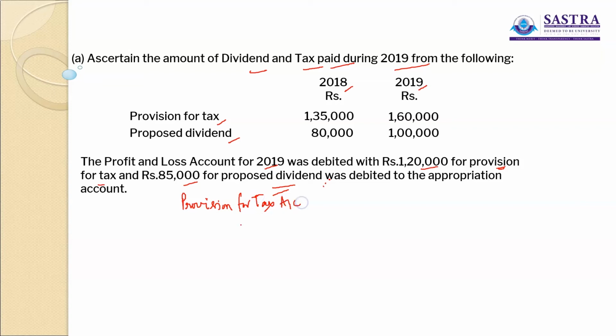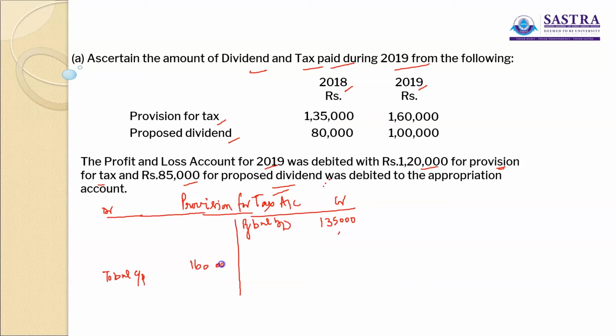Provision for tax account. All provisions are normally liability side items or credit side items of the trial balance. So opening balance will appear on the credit side. So by balance brought down 1,35,000, and to balance carried down, that is closing balance, 1,60,000.